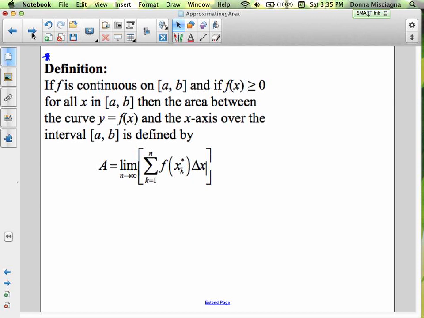It's the exact same thing we saw before: the limit as the number of rectangles goes to infinity. This one has an x instead of a c, same thing. So f of x star sub k just means the sum of all the heights.